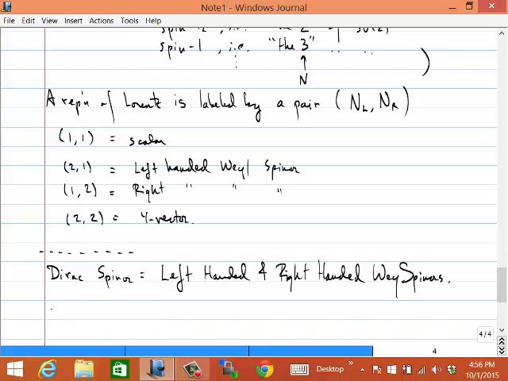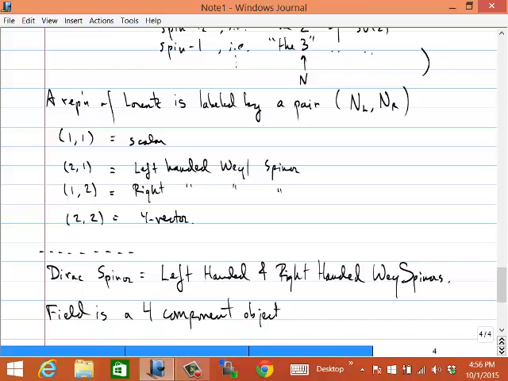So the field will be a four-component object. I don't want to call it a vector because it's not a vector in the sense of a 4-vector. I mean, it's a spinor.